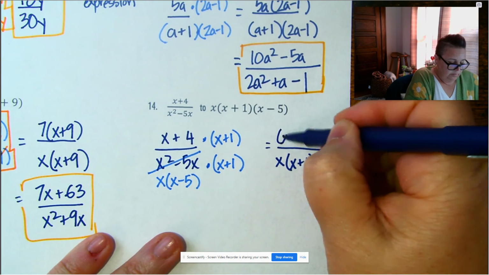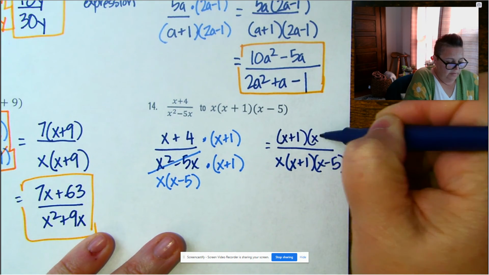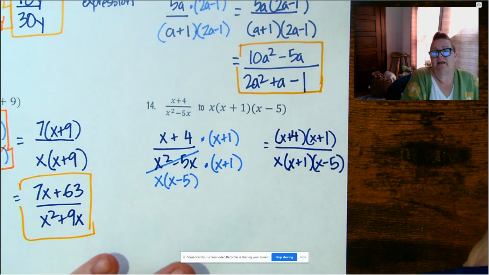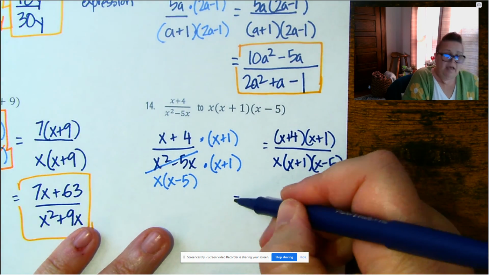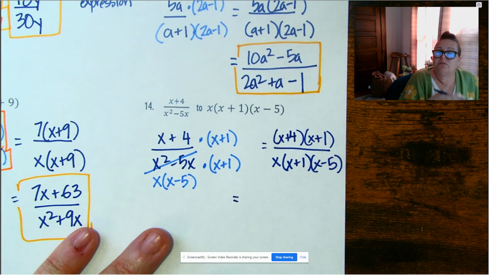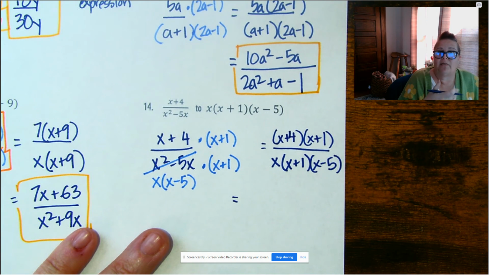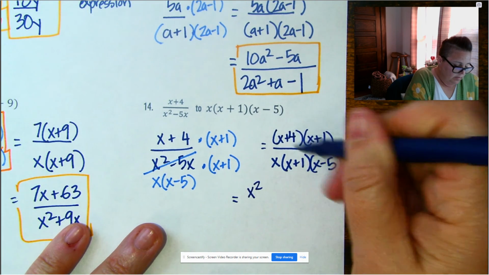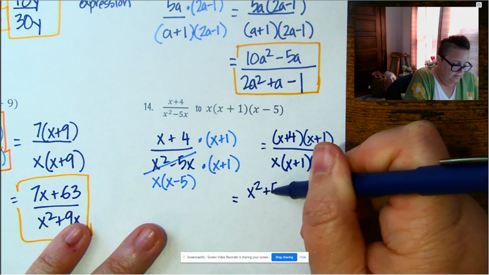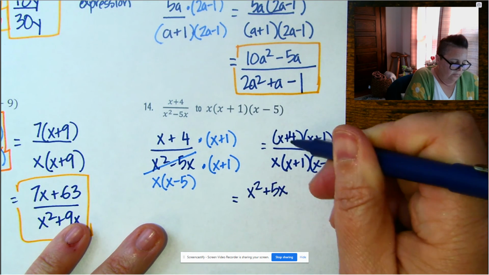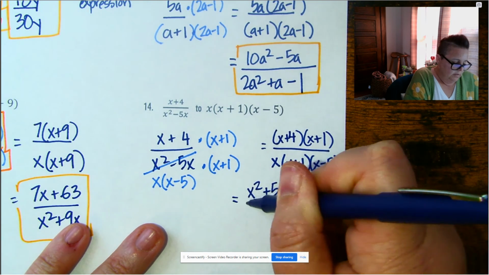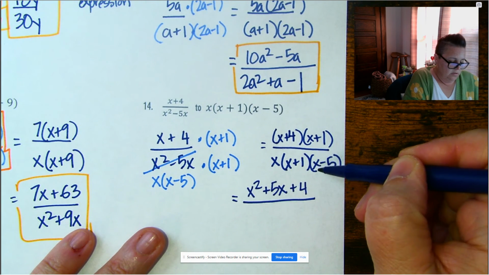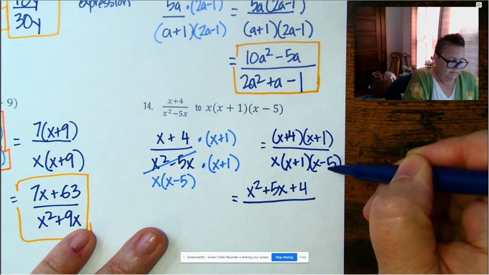This gives me x plus 4, x plus 1 in my numerator. I don't know how I missed that. That's a 4. If I am asked to multiply this out so that the factors aren't there, but rather the polynomial is, this would be x squared plus x plus 4x, so plus 5x, 4 times 1 is 4, over, that would be x squared minus 4x minus 5.